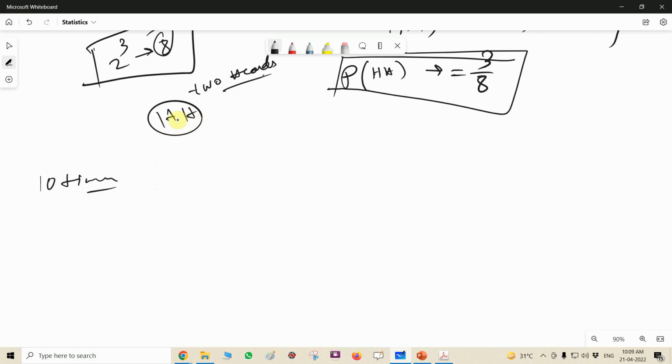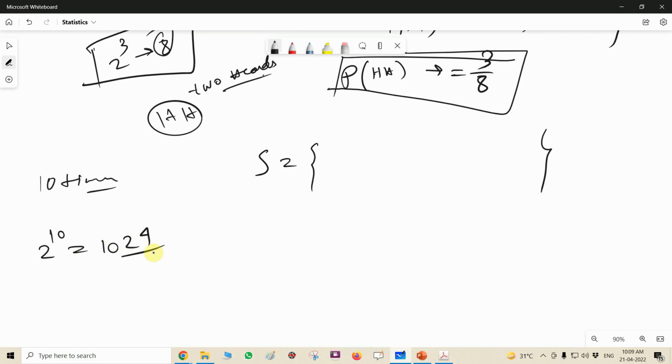First tell me how many elements will be there in the sample space. 2 to the power 10, that means 1024 will come.